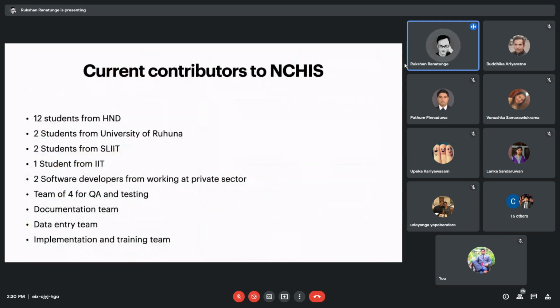If you look at the current contributors, we have around 12 students from HND and various other government as well as private universities. We have a team for quality assurance, a team for documentation, a data entry team, and a team for training and implementation of the software across the country.